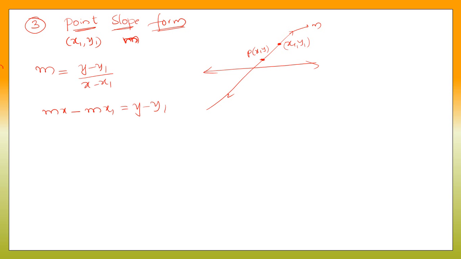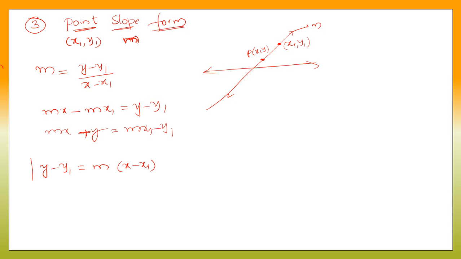So I can write this as y minus y1 is equal to m into (x minus x1).